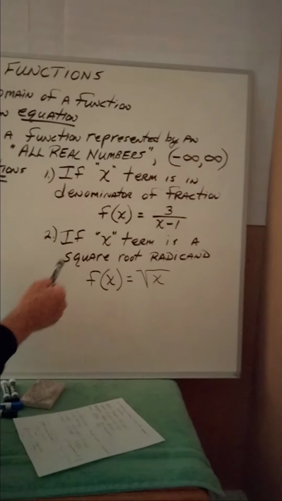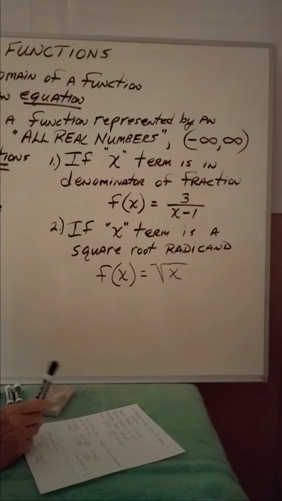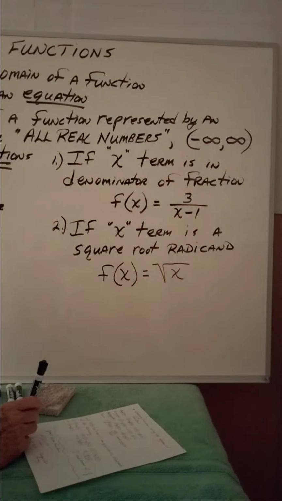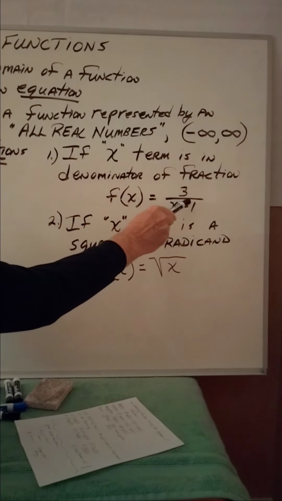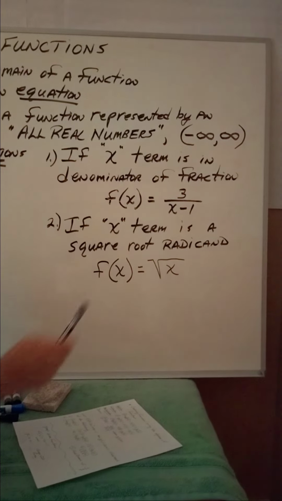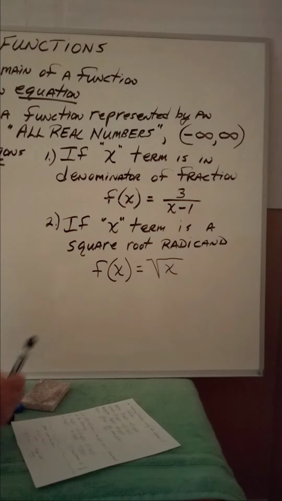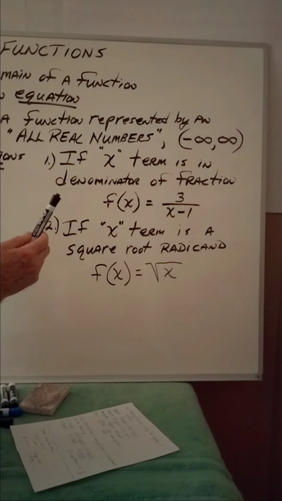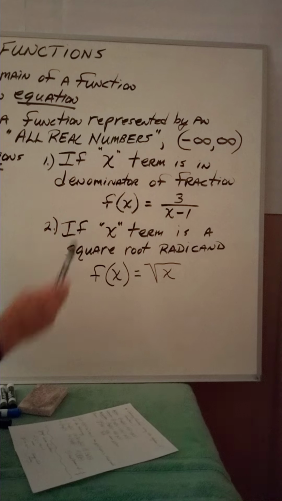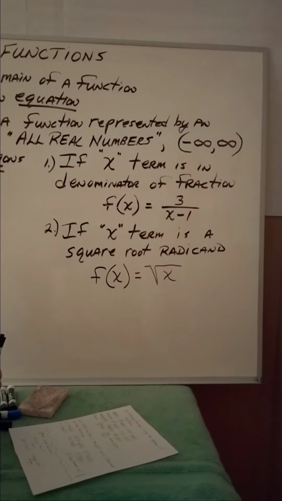A domain expression would be an expression that contains the variable x, because x is associated with domain. So if the function defined by an equation contains a fraction, and the denominator of that fraction contains an x term, then the domain of that type of function will not be the entire real numbers.